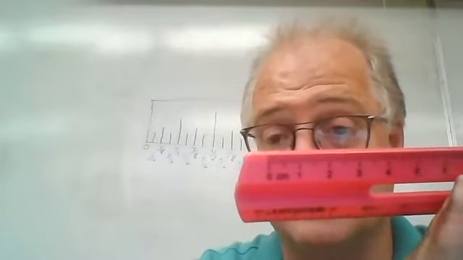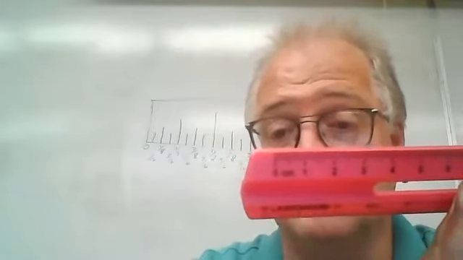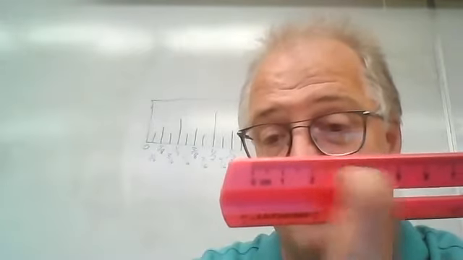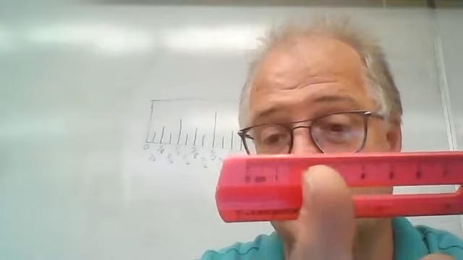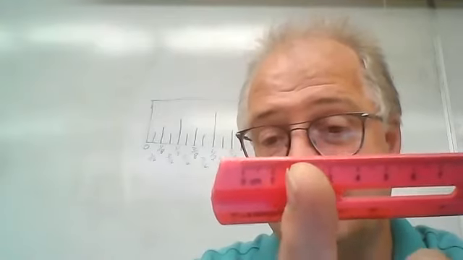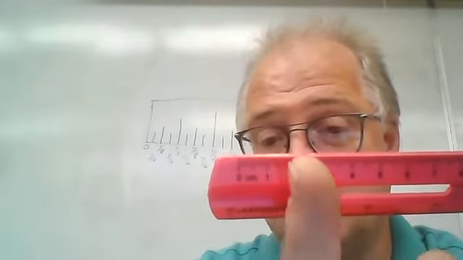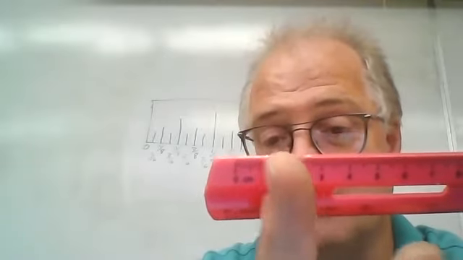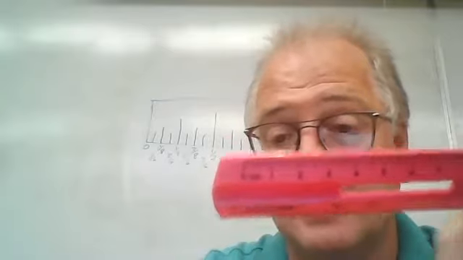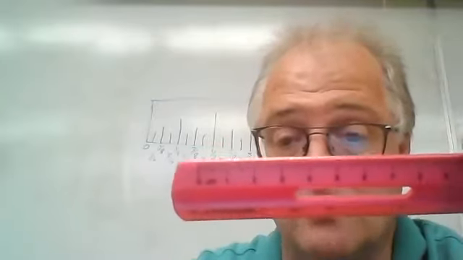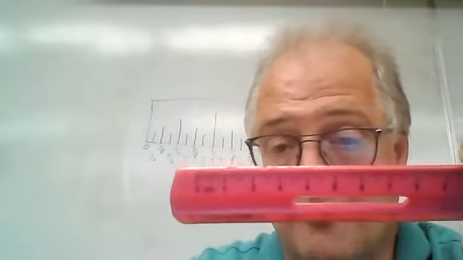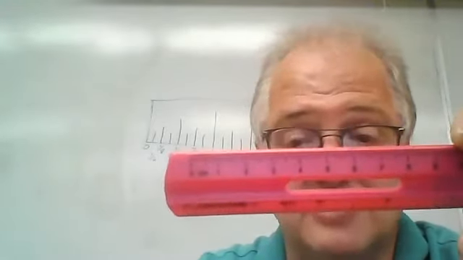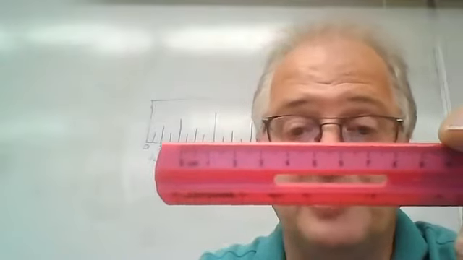That's the metric system. We won't use that metric system very often. Now, you'll see that from 0 to 1 centimeter, that centimeter is divided up into 10 spaces as well. Each one of those smaller tick marks is what we call a millimeter. So we have the ability to read centimeters or millimeters with the metric scale on this particular ruler.